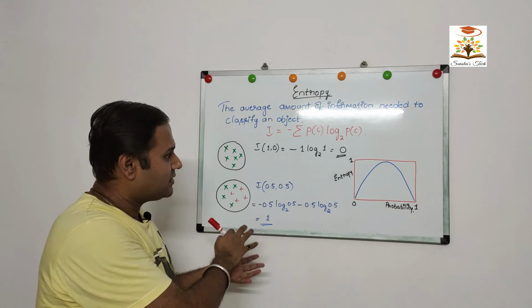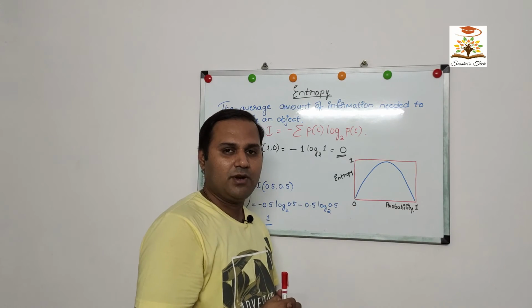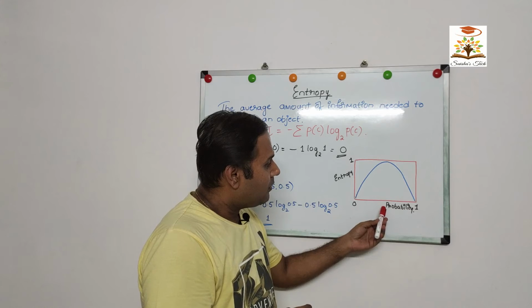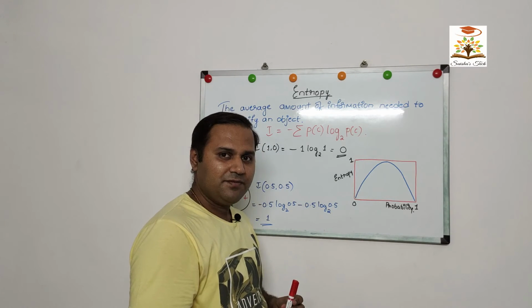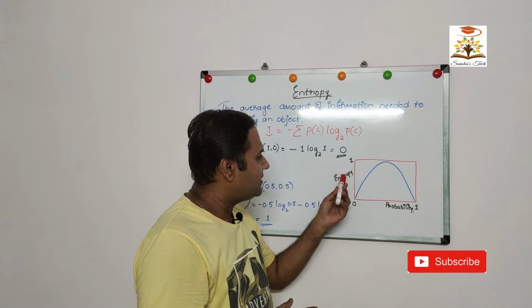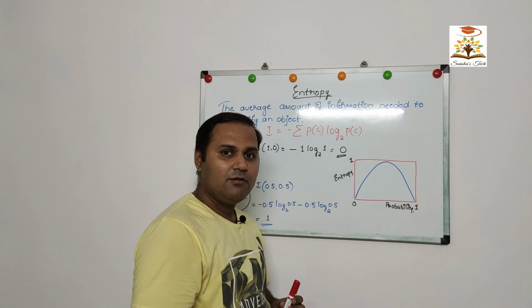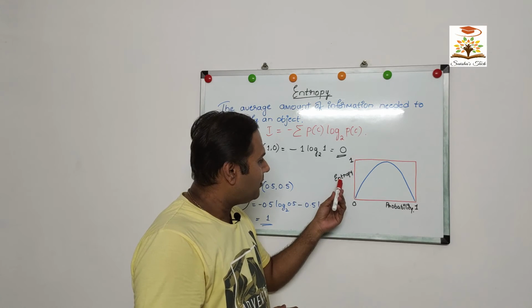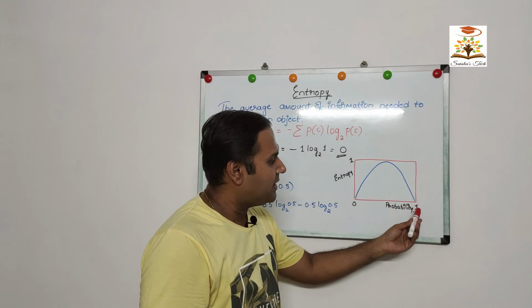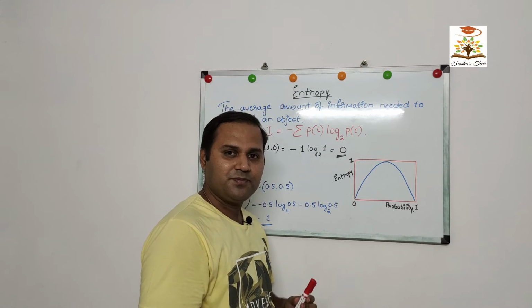If we summarize these concepts diagrammatically, for probability versus entropy, the x-axis represents probability and the y-axis represents entropy. For the homogeneous cases, the entropy value is 0. That is, at probability 0 and probability 1, the entropy is 0.